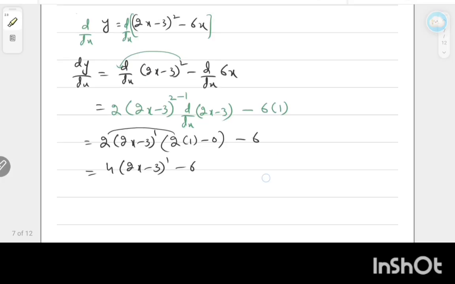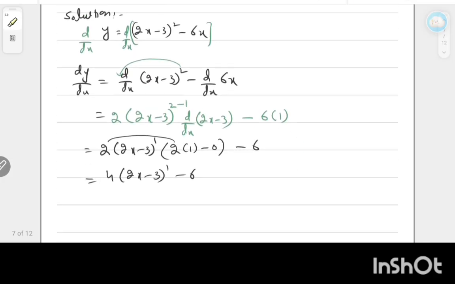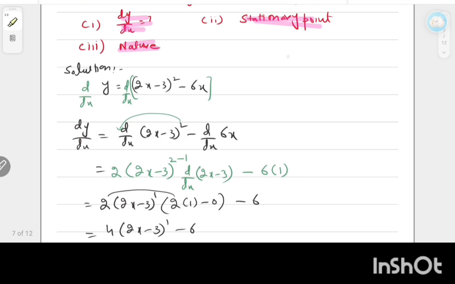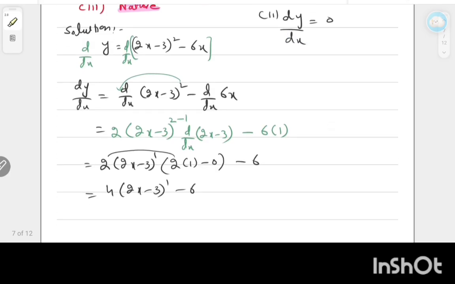Now the second part is to find the stationary point. It's very easy. We know that dy by dx equal to 0. The value of dy by dx is 4(2x minus 3) minus 6 equal to 0.